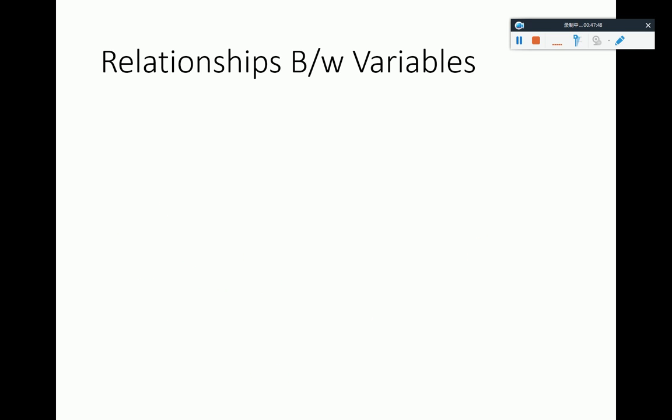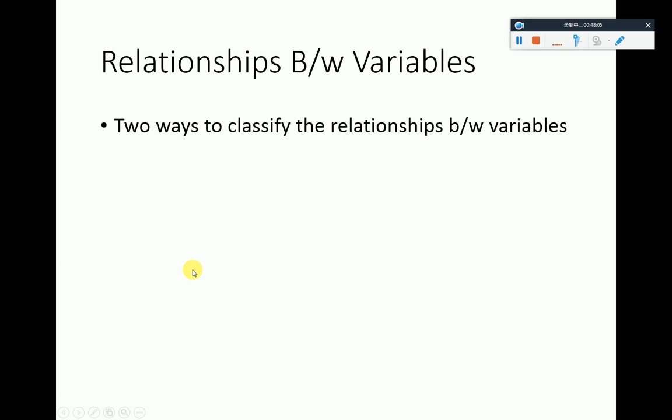Once we understand different types of variables, we can start to describe with greater detail how they're related to each other. It turns out that for the relationships between two variables, or among multiple variables, there are different ways to think about it.